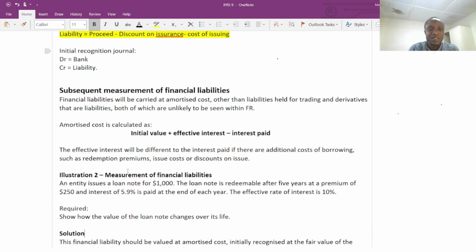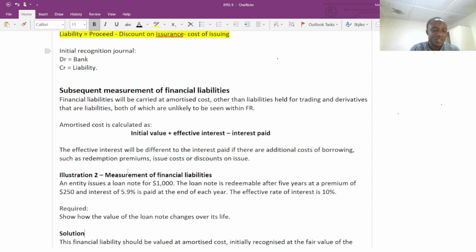If they are not the same, this will be as a result of either the loan being redeemed at a premium, or the issue cost, or the discount on issue. So these three factors can give a significant cause for the effective interest rate and the interest paid not to be the same. So very important.